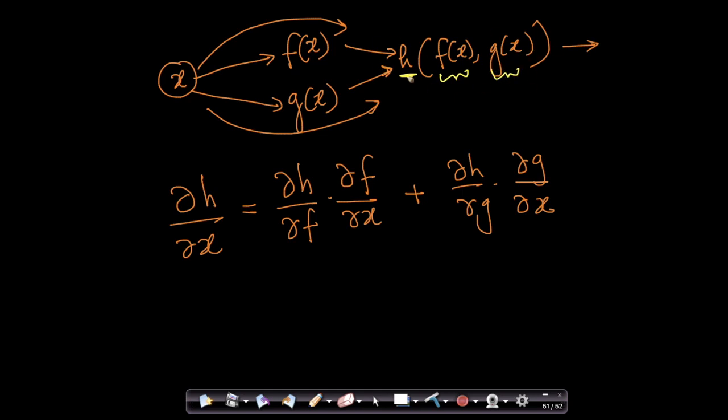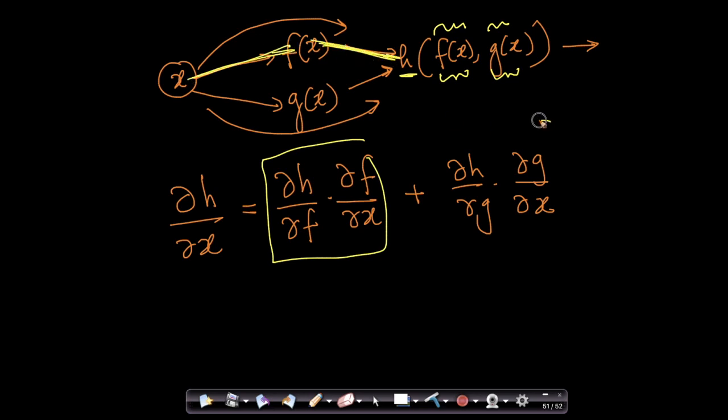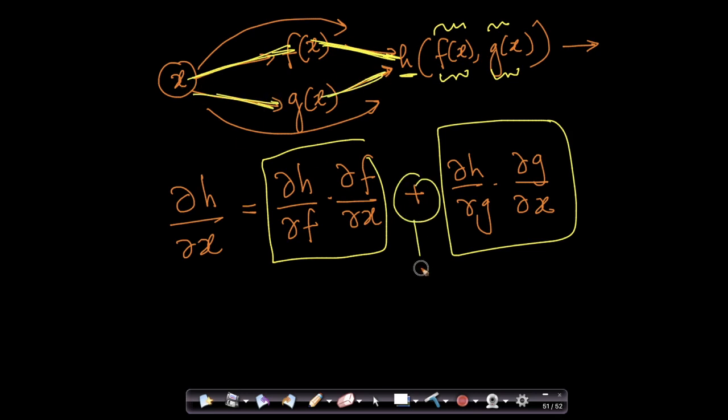So derivative of h with respect to x is, this is one path. What is this? This is nothing but this path. This is nothing but this path. So you take the derivatives on both the paths and simply sum them up. This is also a special case within the chain rule. It's a slightly more intricate form of chain rule.